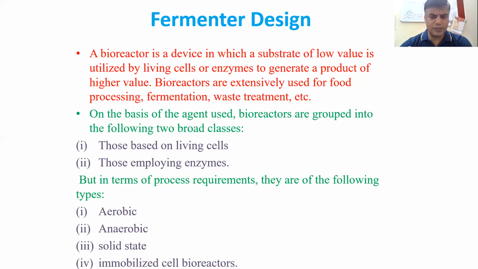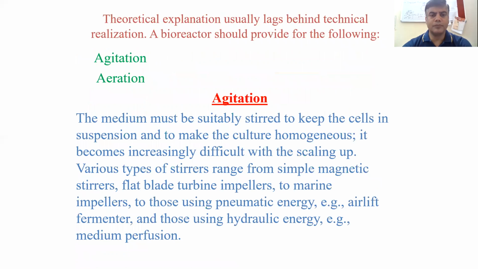Based on this, bioreactors can be grouped into two broad classes: those based on living cells and those employing enzymes. They may be aerobic, anaerobic, solid waste, or immobilized cell bioreactors, based on the requirements of the process. Theoretically, bioreactors should usually provide for the following: agitation and aeration.